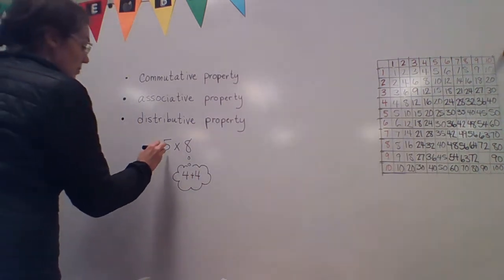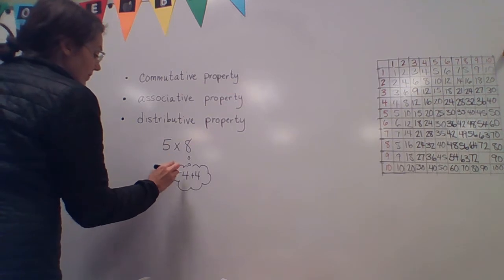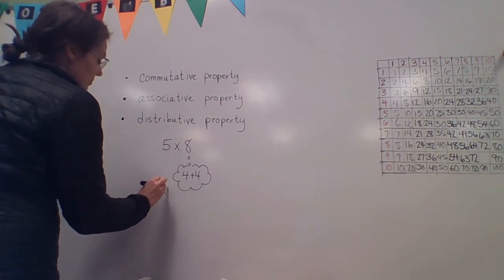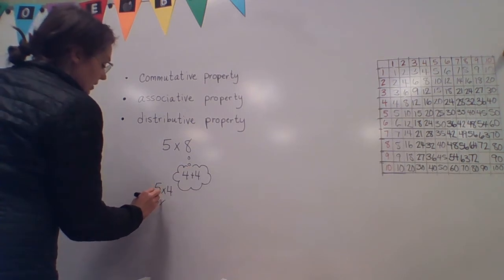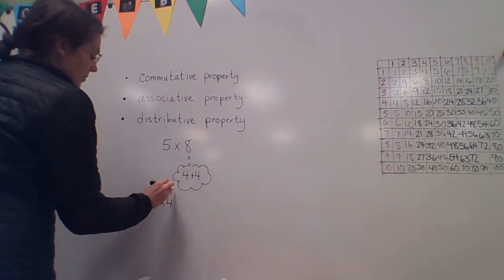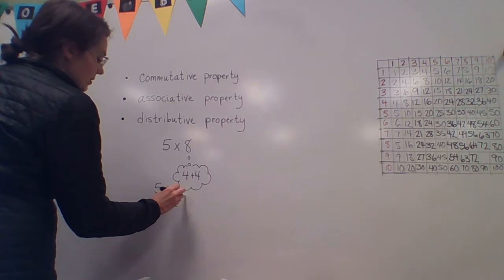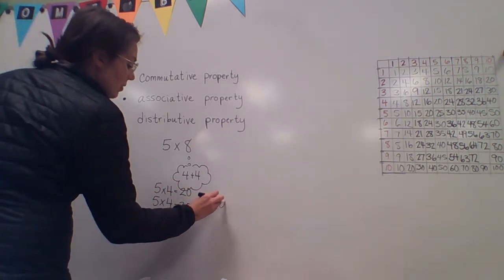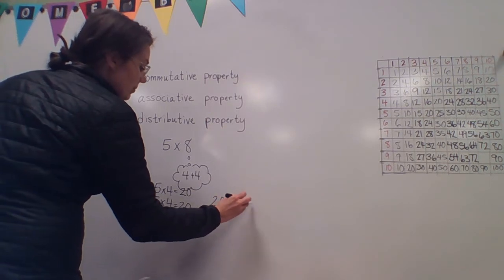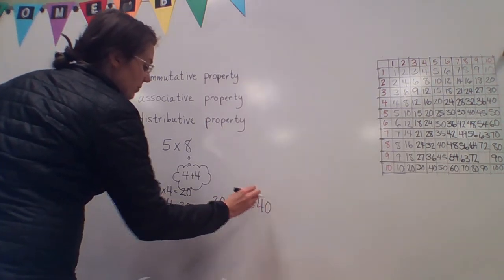Then I'm going to distribute by saying I'm going to multiply my 5 times 4, 5 times the other 4. In both cases, I'm going to get 20. So I'm going to add 20 plus 20 to get 40.